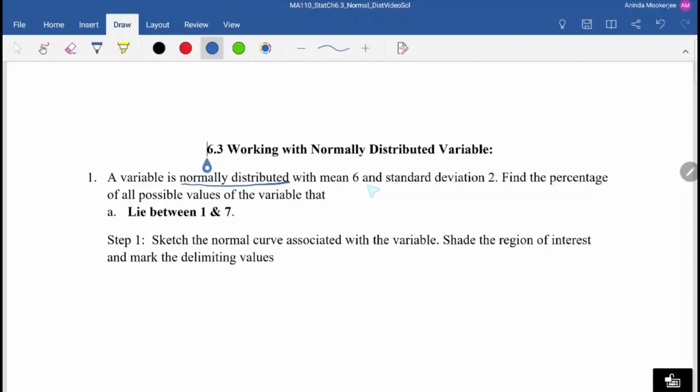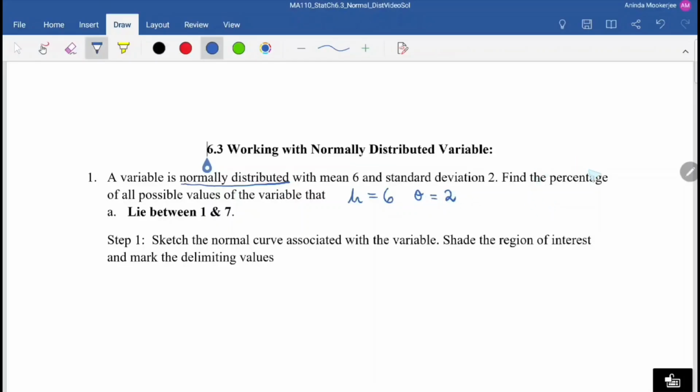And then they've given us information on the mean and the standard deviation. We do need these two pieces of information to find z values. So I'm going to note those down, especially here. All right. So mu equals 6. Population mean is equal to 6, and the standard deviation is equal to 2.